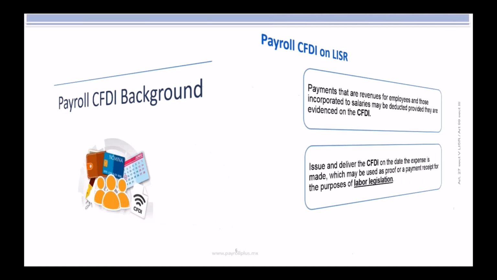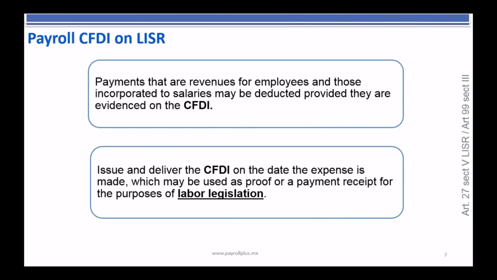So moving on to background for payroll, we have on the income tax law as a requirement for a deduction that payments that are considered revenues for the employees and those incorporated to salaries may be deducted if they are evidenced on the CFDI, which means that if we want to make the deduction of the salaries that we paid, we have to make a CFDI with the complement for payroll.